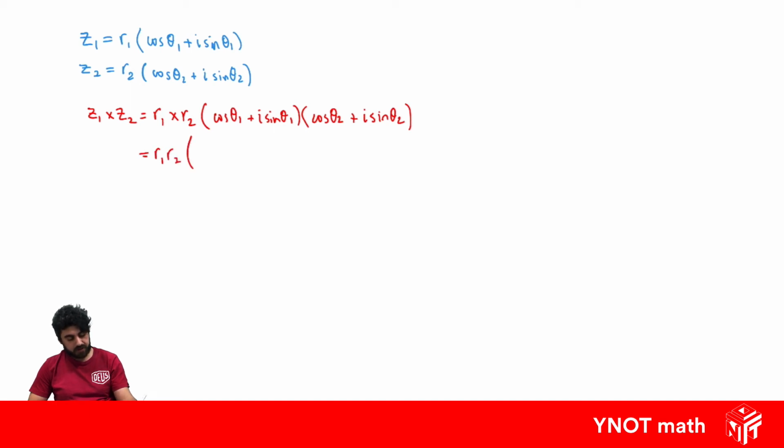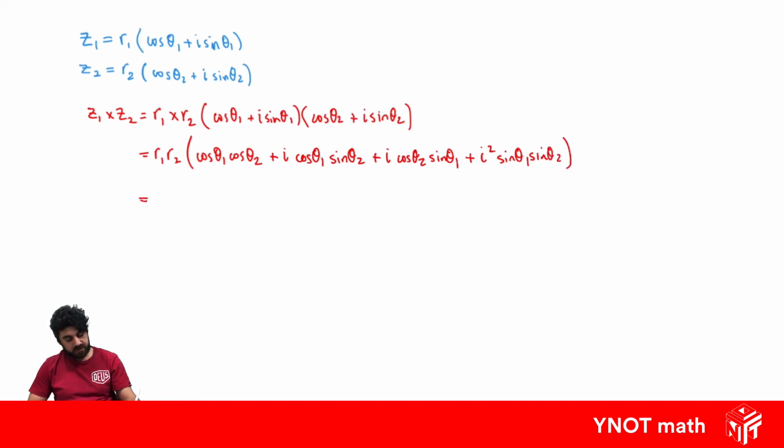Expanding these brackets, we're going to get cos theta 1 cos theta 2 plus I times cos theta 1 sine theta 2. Let's go our inside terms. So we've got plus I times cos theta 2 sine theta 1 plus I squared sine theta 1 sine theta 2.